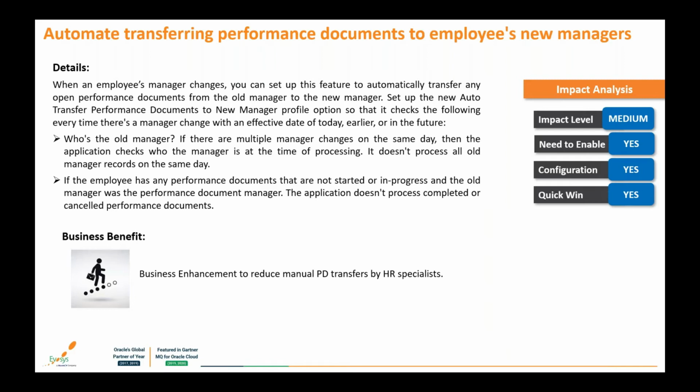This will reduce a lot of the manual work the HR specialists are currently doing, as most organizations have these scenarios occurring during the review period. This will help them reduce their manual work. And going forward, even a manager change will not impact any performance appraisal process.